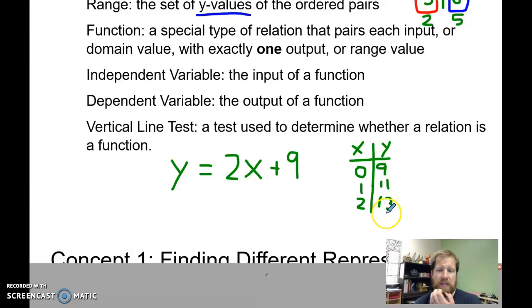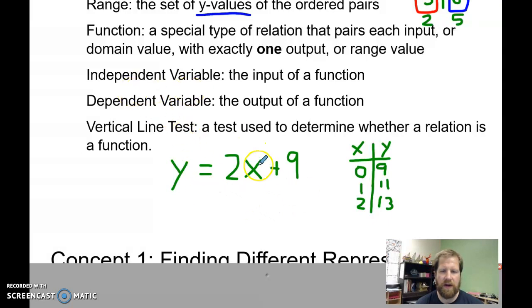Okay? And you can see already that this is going to be a function because every time I change my x value, it's going to give me a different y value. And every time I put in the same value for x, I can put in 2 as many times as I want, and it's always going to give me 13 as my y value. Okay, so that is going to be a function.